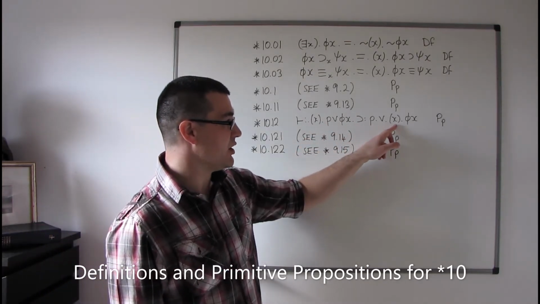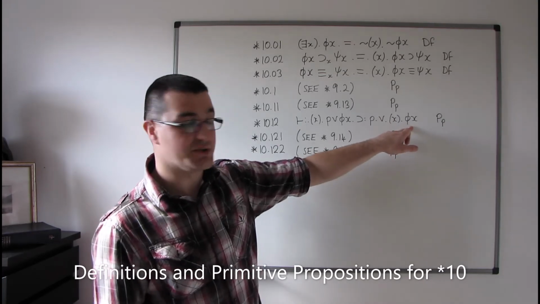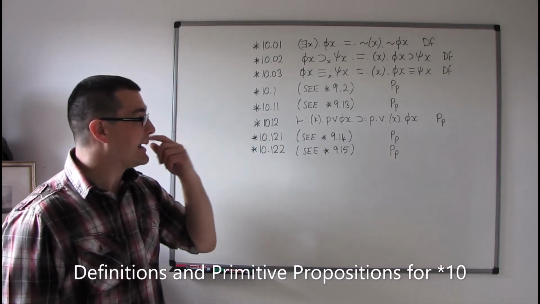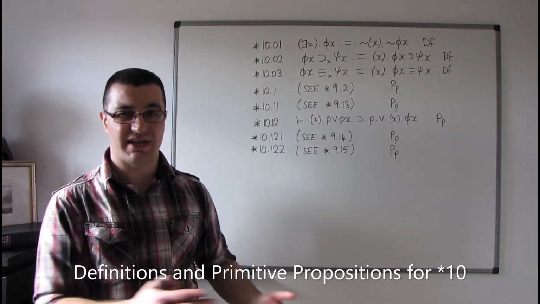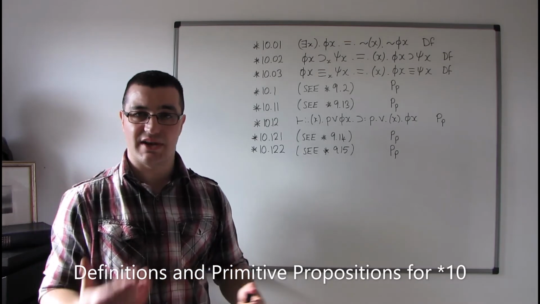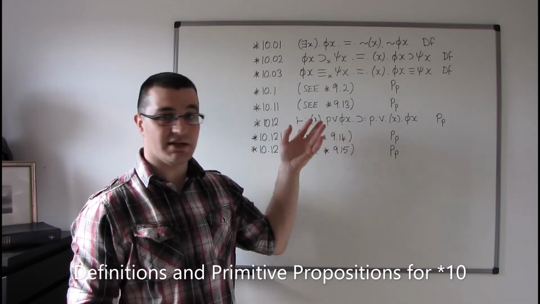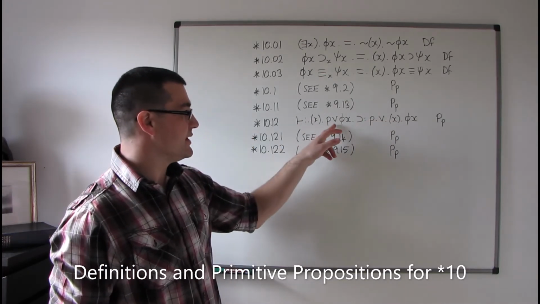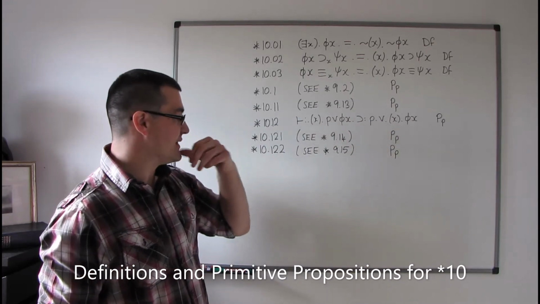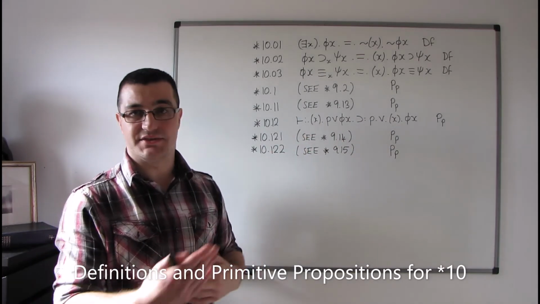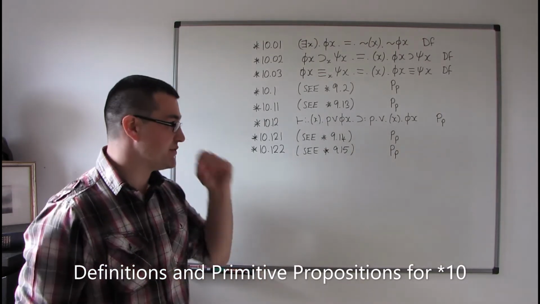Whereas here, the scope of the apparent variable is just the propositional function phi x. Arguably, the interpretation of this would be the same in section 10 and in section 9, but I think there are slightly different emphases. In section 9, the emphasis on this particular proposition was more to do with the meanings of the disjunction, showing that disjunction as applied to first order propositions could be defined in terms of disjunction as applied to elementary propositions.